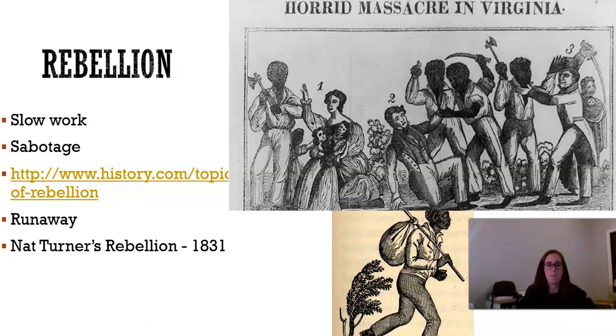One other famous rebellion, I don't know if you've heard of Amistad. This is actually a movie, a pretty powerful movie. It's hard to watch. It's about a Spanish slave ship around Cuba, and the slaves actually overtake the Spanish traders here, and eventually steer the ship all the way to Long Island.